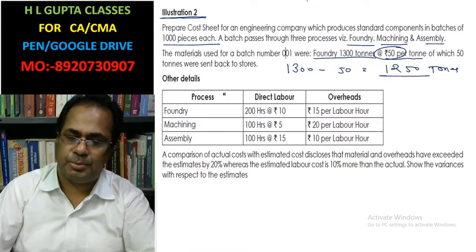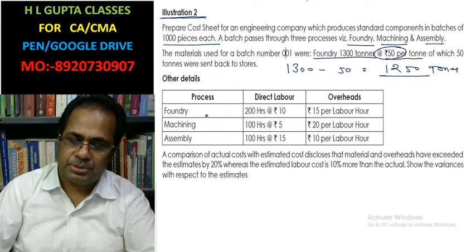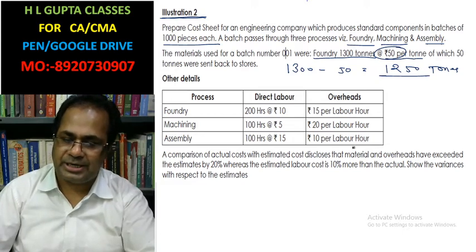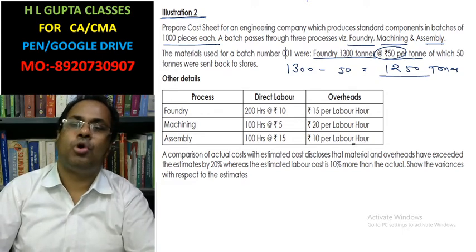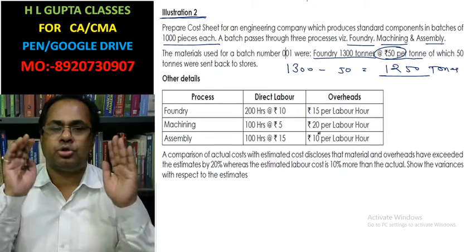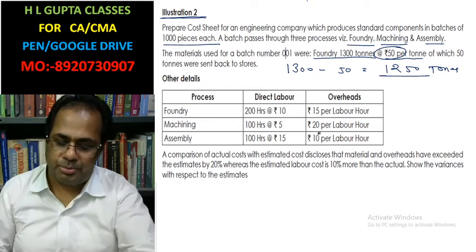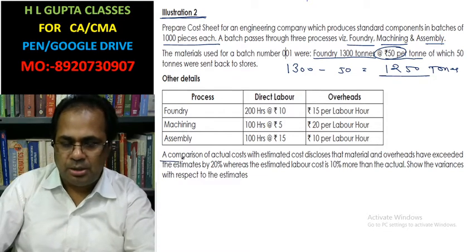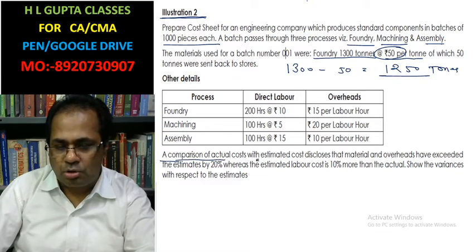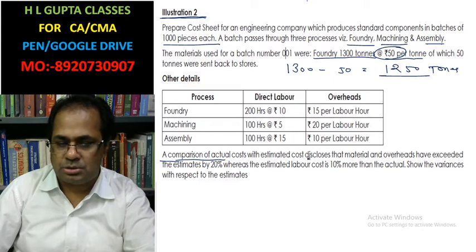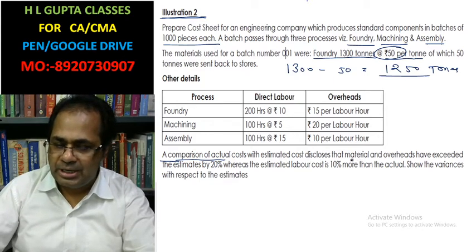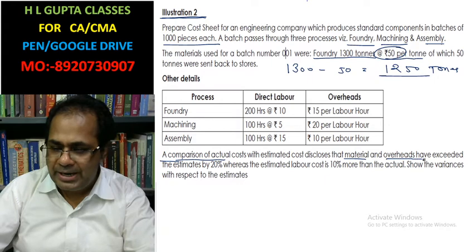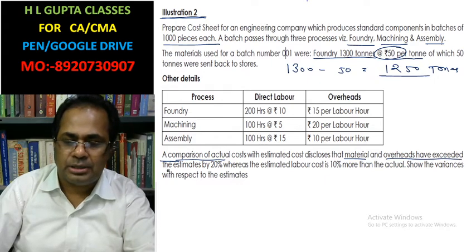Other information: direct labor information for foundry, machinery and assembly is given. Overhead rates are also given. All this information is given on an actual basis. In the question, a comparison of the actual cost with the estimated cost discloses that material and overheads have exceeded the estimated by 20%.